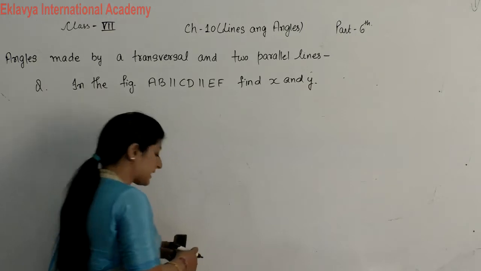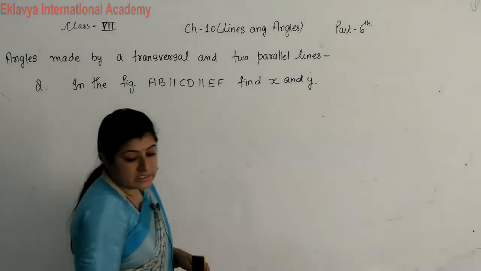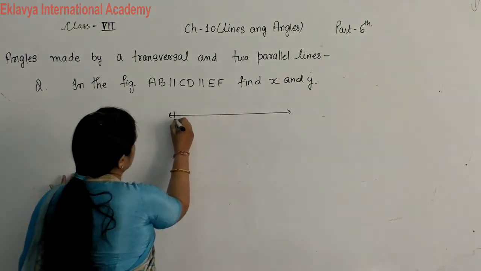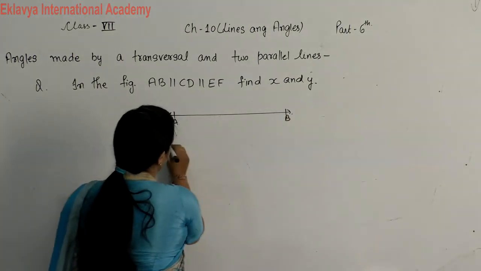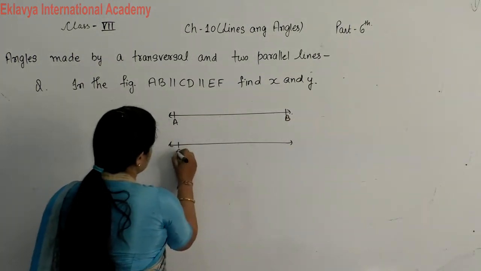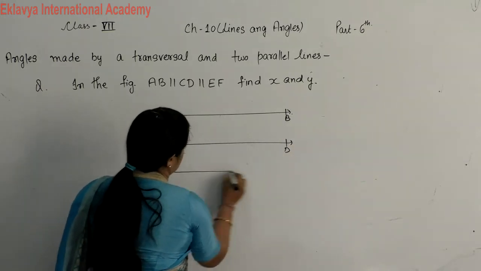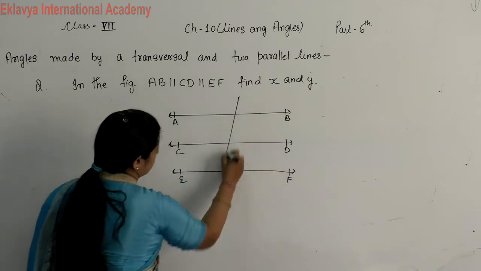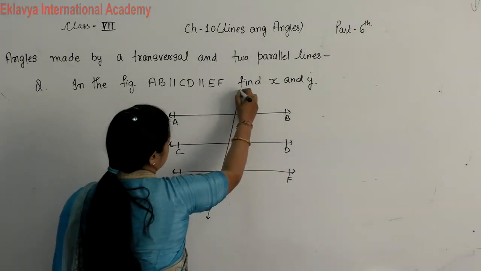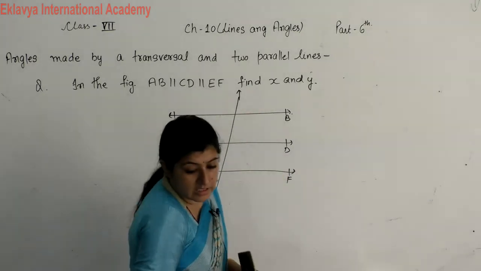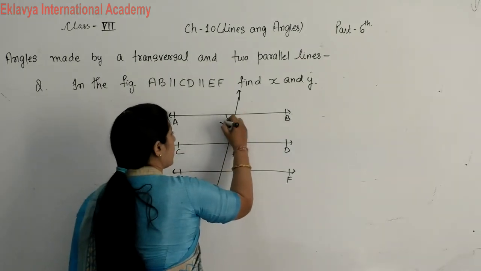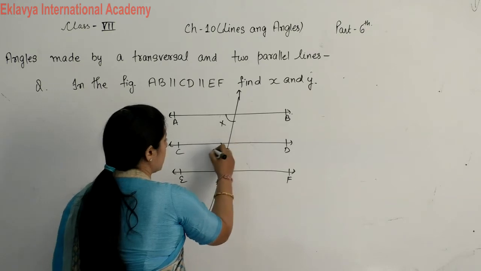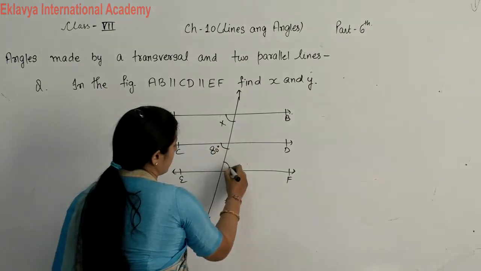Find X and Y. See the figure now. AB, CD, EF. X, 80 degree, Y.